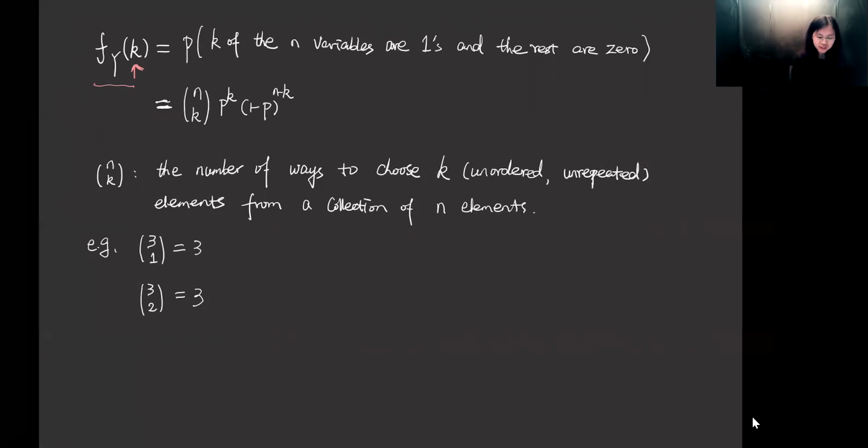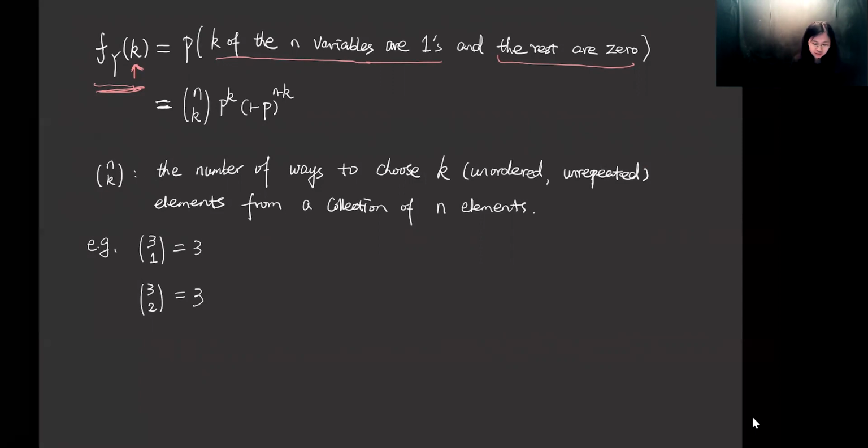Then that is the probability that k of the n variables are ones and the rest are zero. So this statement describes what the probability mass function at k means. If k of the n random variables are ones and the rest are zero, then the number of successes is k. That's just another way of stating the definition of the binomial random variable.